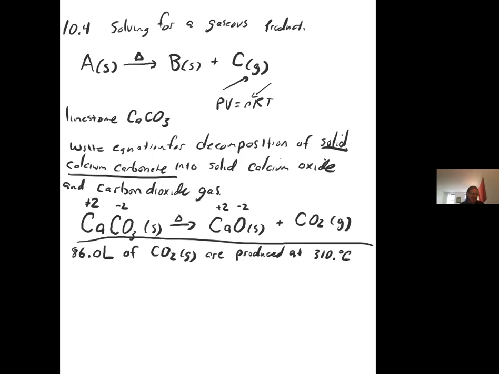They tell you it's 310 degrees C, so you know it's hot. Actually, it's 310.0, but that's okay. At exactly 1 atm. Okay, perfectly fine. So we got our pressure, we got our temperature, and then they tell us how much, so that's volume, right? So now the question is, calculate the mass of calcium carbonate that reacted.